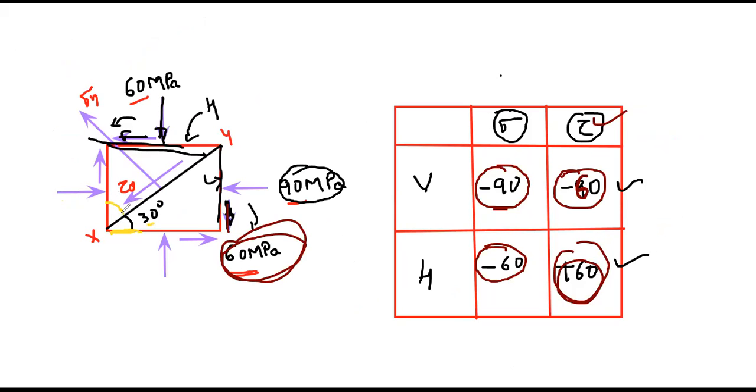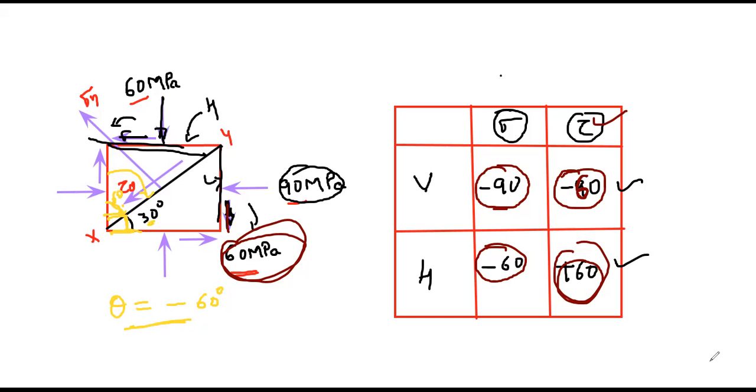With respect to the vertical plane, this plane XY is making an angle of 60 degree. So 90 minus 30 is 60 degree, which is in the clockwise direction. So theta is clockwise, which means it is negative 60 degree.